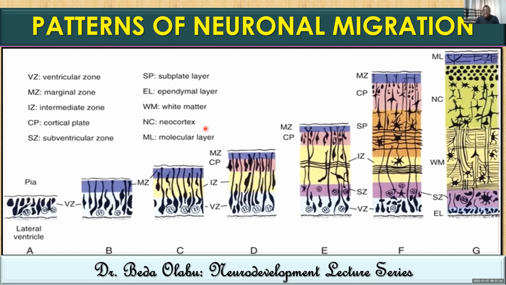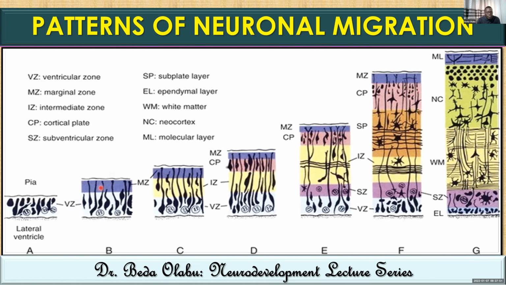The slide here tries to capture what I've told you about later waves forming more superficial zones. Let's start from A, which basically shows us the wall of the neurotube with the piled surface and ventricular space there. So that's the pseudostratified, perhaps columnar epithelium of the neurotube.